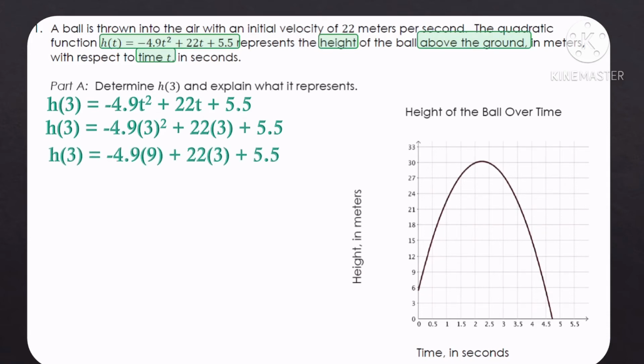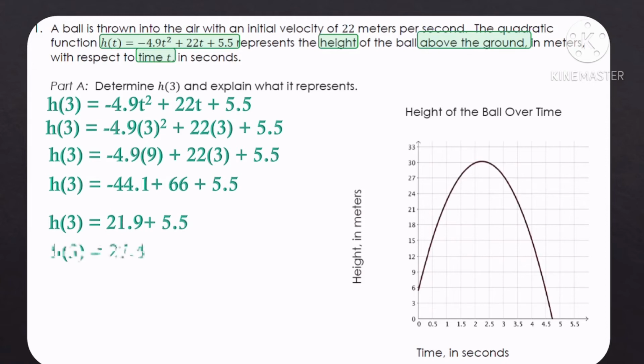Now I can go through and multiply. Negative 4.9 times 9 is 44.1. 22 times 3 is 66. Notice how I'm doing these steps. This is going to help us stay organized. Then let's go and add. And I add yet again.